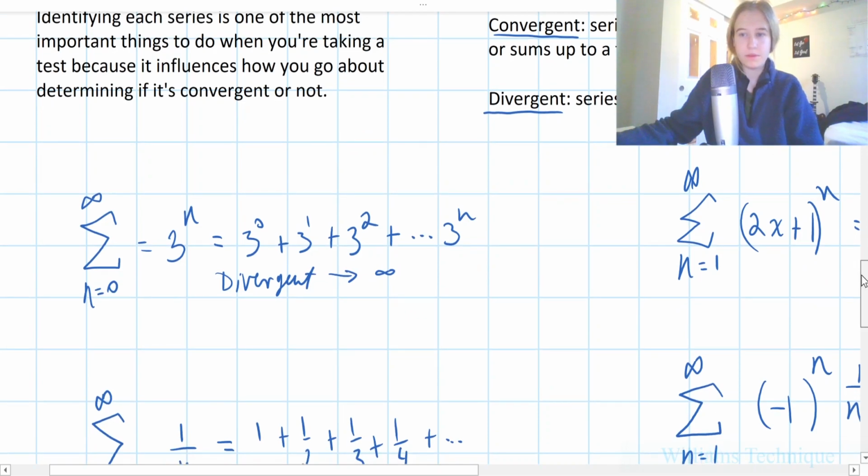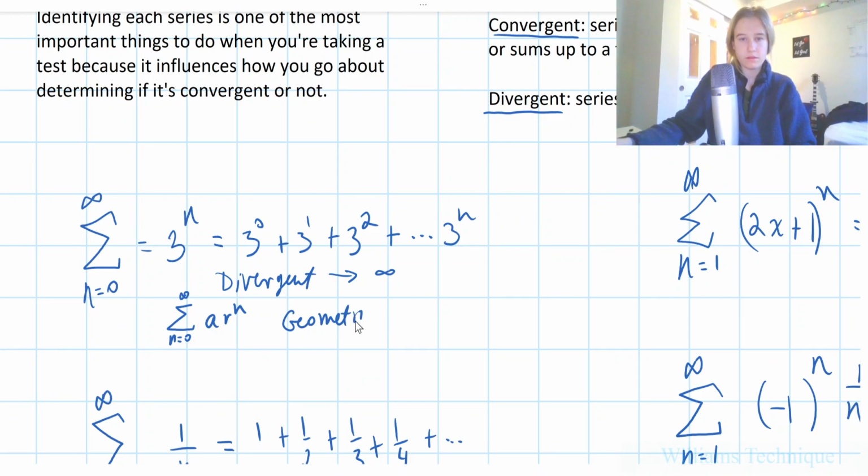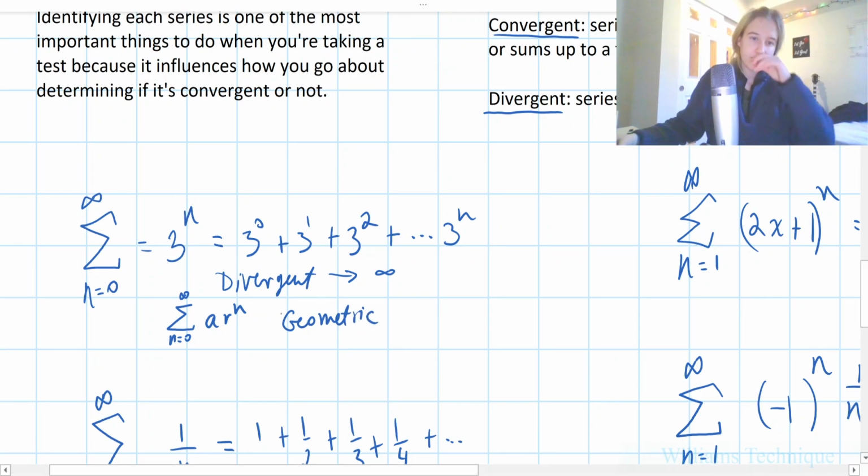So, to identify this series, we're going to have to whip out each formula in our heads, look at them, and we see that this one fits most the geometric series.